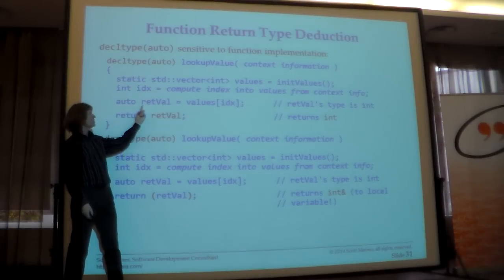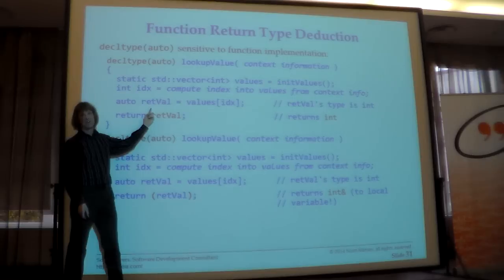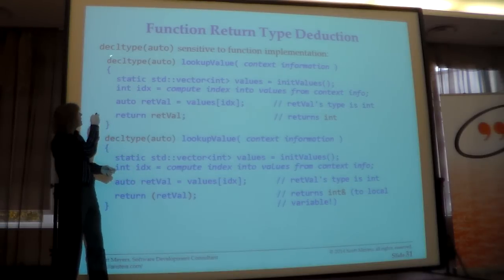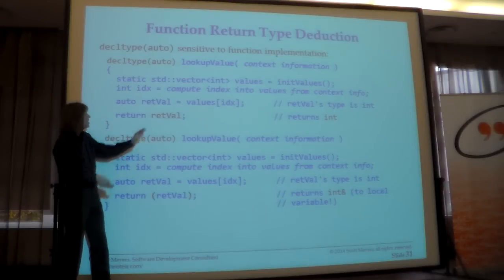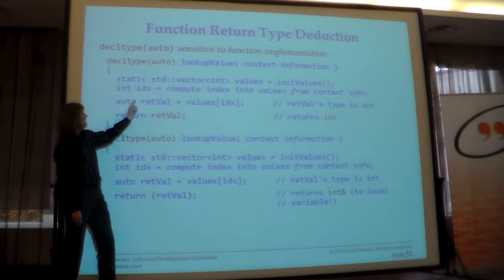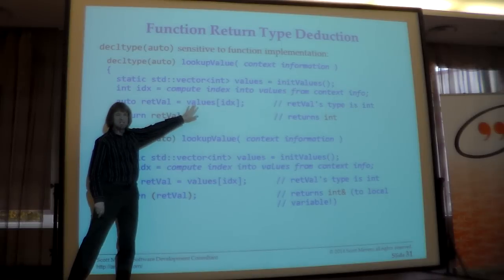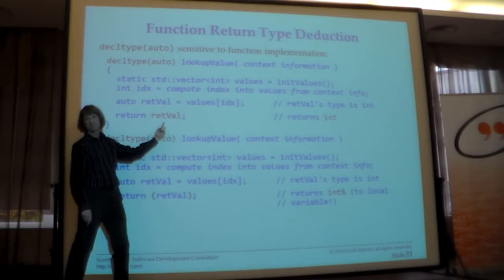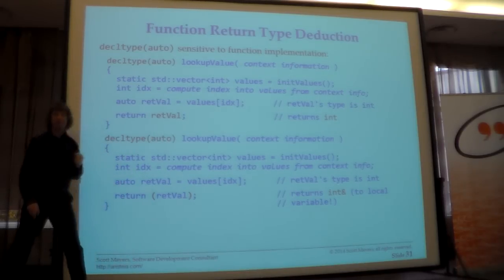This is auto, so this is a brand new independent variable. And now if I say return retval, using decltype auto here is okay because if value sub IDX is an int, this is an int, which means I'm returning an int. So this will work fine.